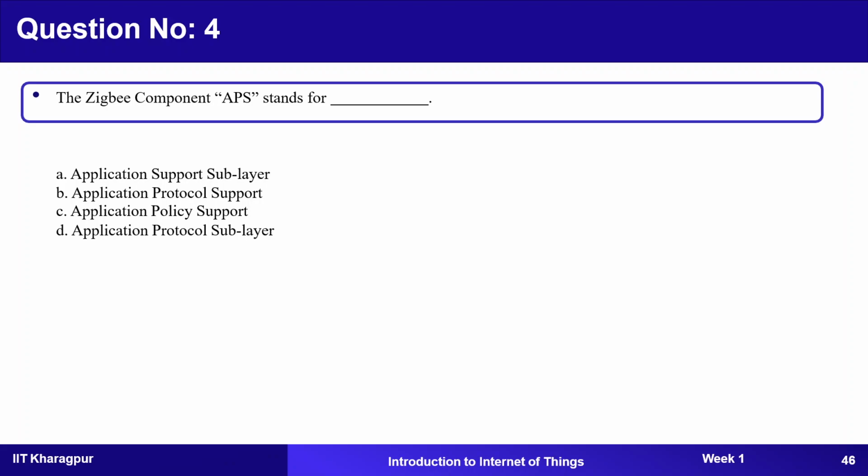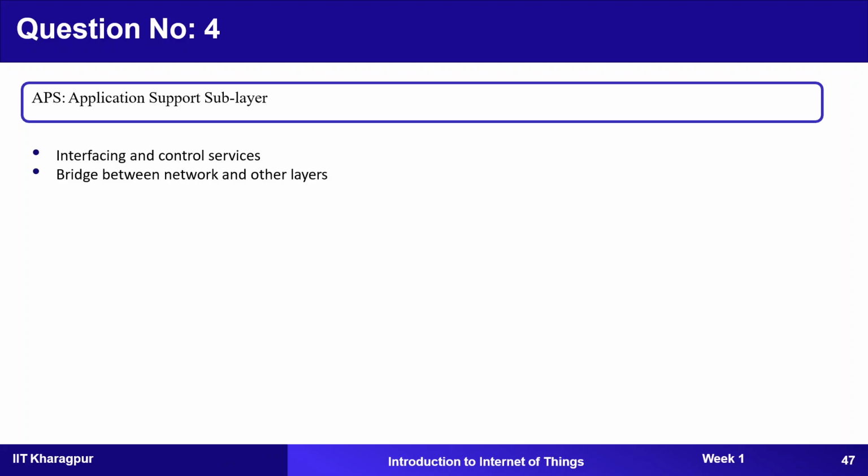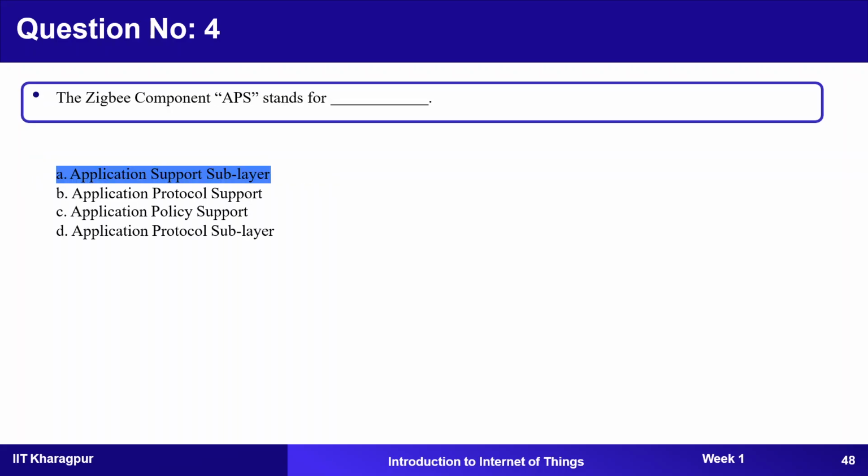Okay. So your APS stand for your application support sublayer, and this sublayer is responsible for interfacing and providing the control services. It also acts as a bridge between your network and other layer.